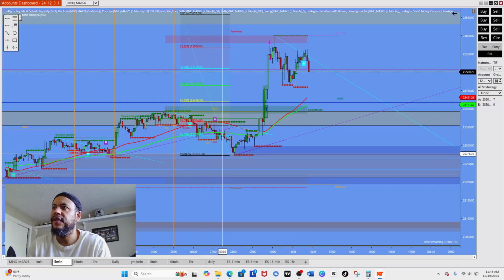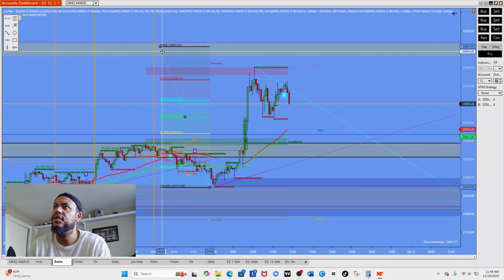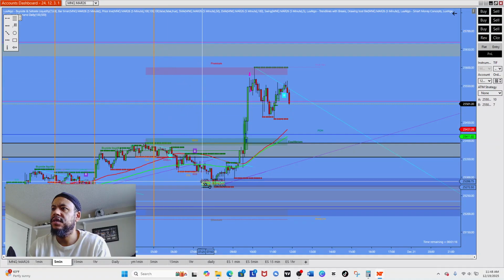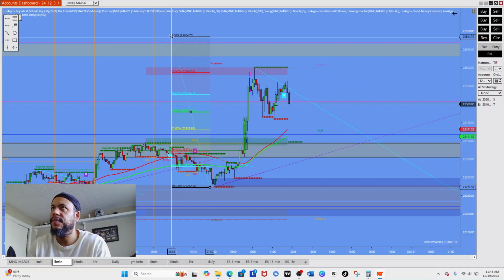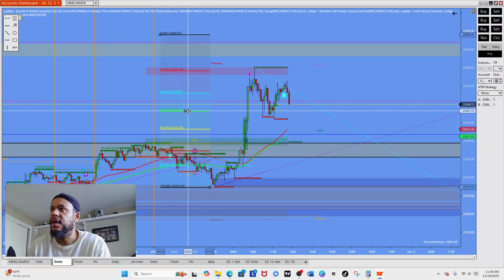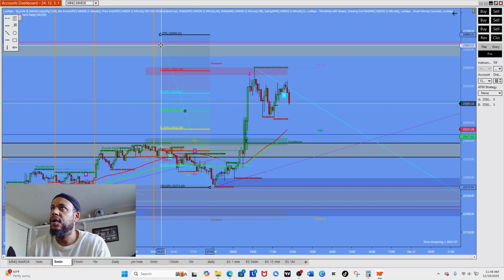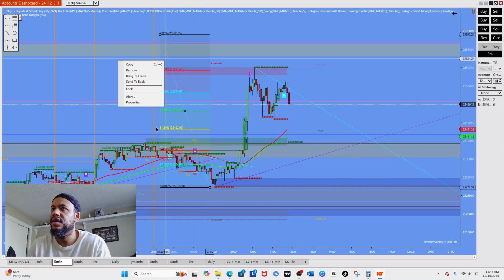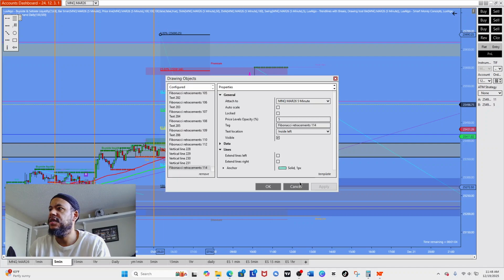That's where I start the fib, because if you know how to use the fib, you have to start here and then pull it upwards for longs. The 50% line always goes to the top of the wick. I can extend these lines to make it easier for y'all to see.